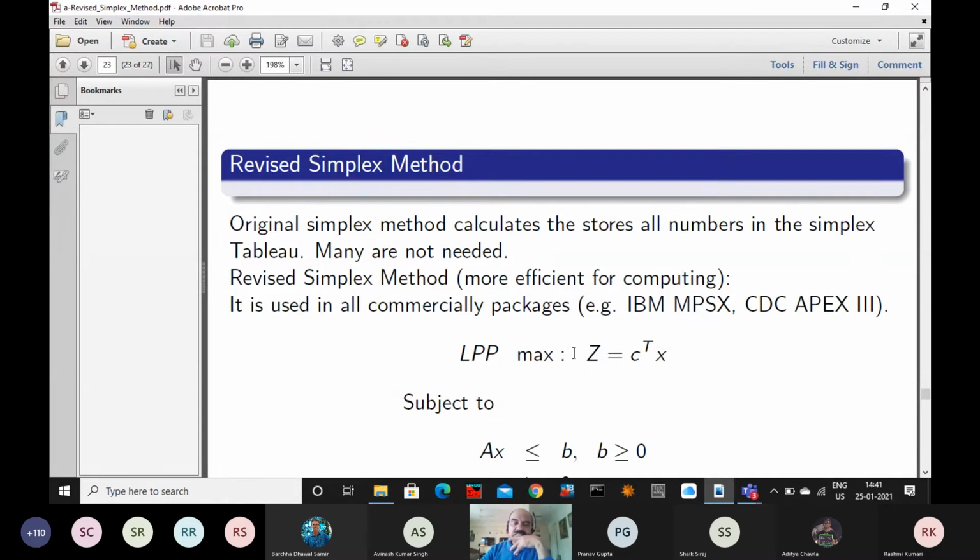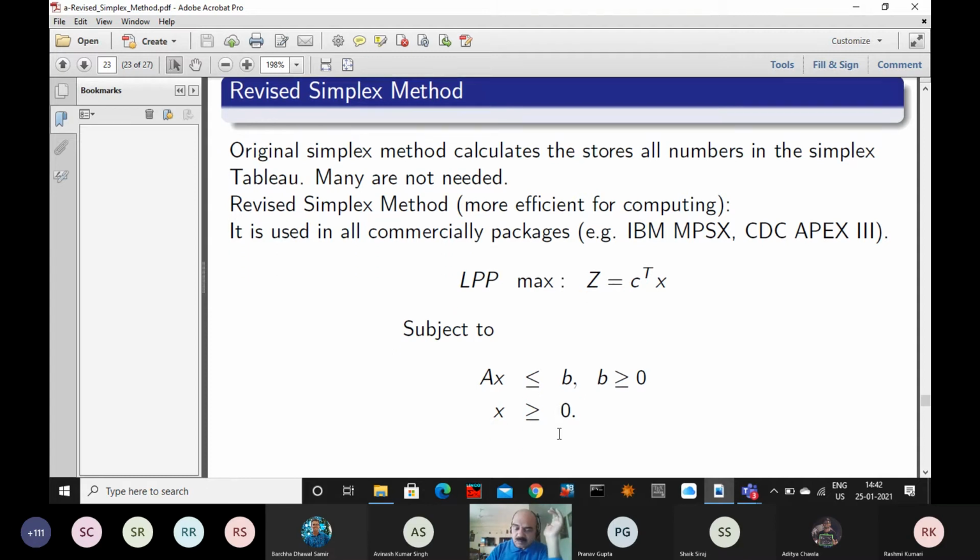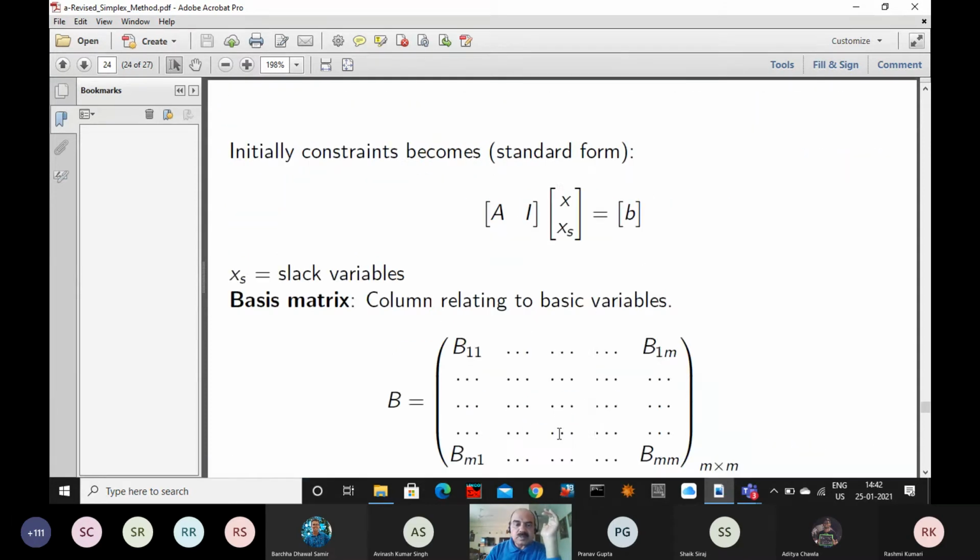What is the problem? Maximize z, the objective function, where c transpose x is a linear function, subject to A x less than or equal to b, where b is a non-negative vector and x is non-negative. After inclusion of slack variables, with no surplus, and b non-negative, we can have a system of linear equations in standard form.